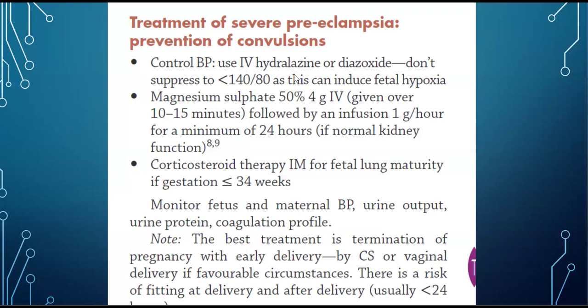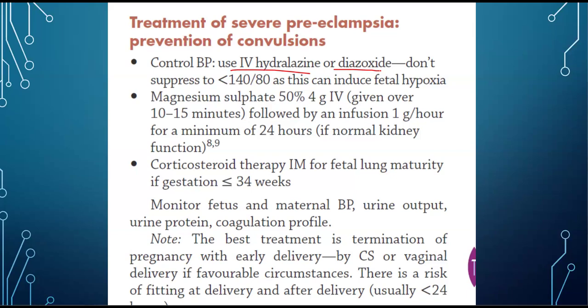And eclampsia is not good for a pregnant patient at all. So for a patient who has features of severe preeclampsia, you need to send them to the hospital, and the hospital will do rapid control of blood pressure. They are going to use IV hydralazine, IV diazoxide, or IV labetalol.